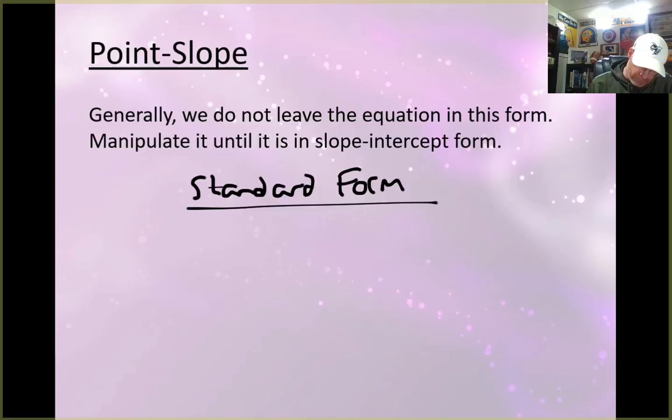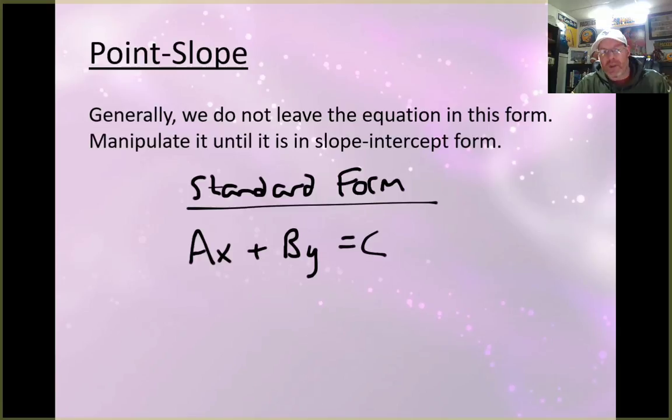And standard form is ax plus by equals c. Alright, so typically you're either going to leave the equation in slope-intercept form or in standard form. And now you know.